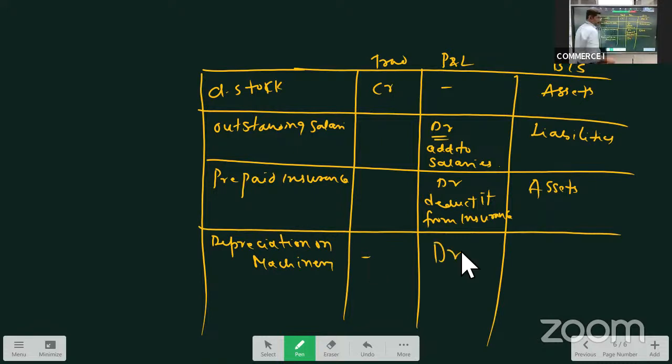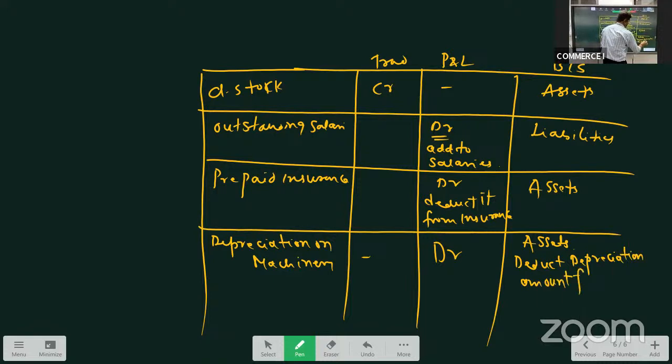We'll take it on debit side of P&L account and then asset side. What do we do on asset side? Deduct the depreciation amount from machinery.